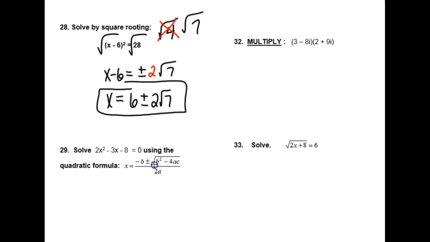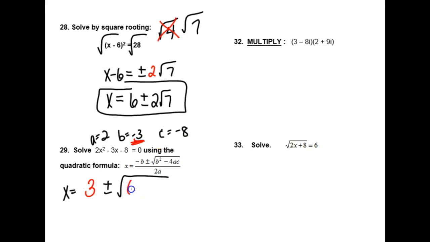Real quick, we can do the quadratic formula, where your a value is 2, your b value is -3, and your c value is -8. And it will be given to you in a quadratic formula question. So x equals starts off with the opposite of b. So the opposite of b would be a +3, and then plus or minus the square root of b squared.